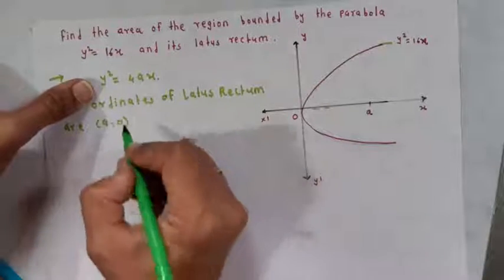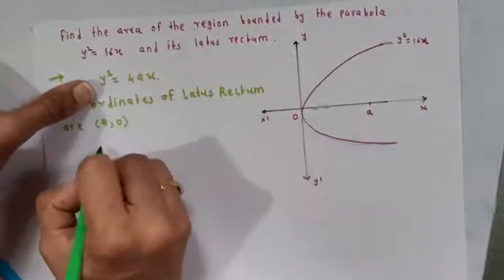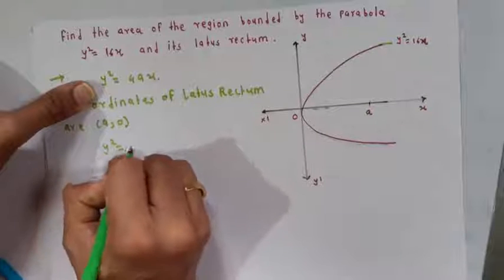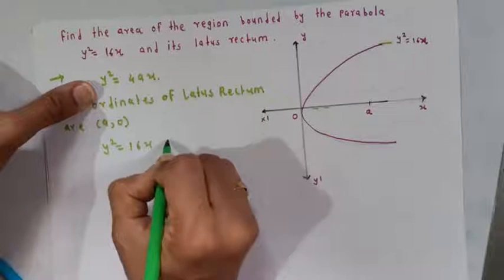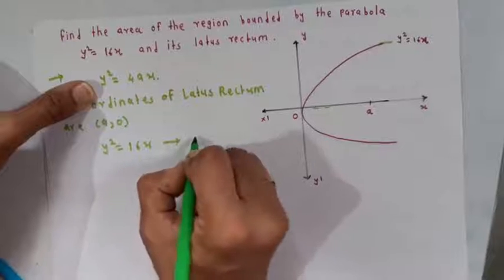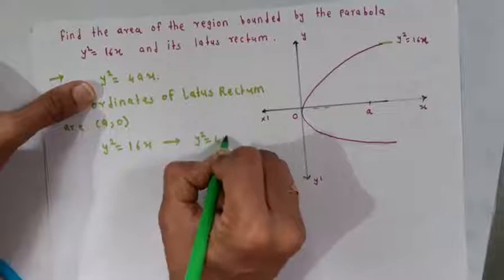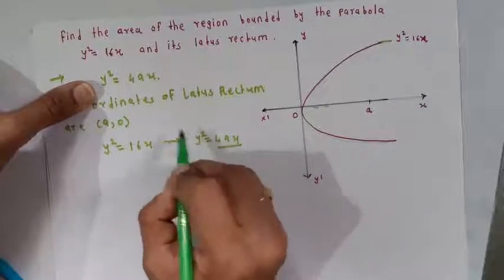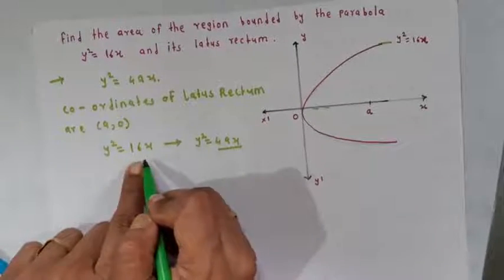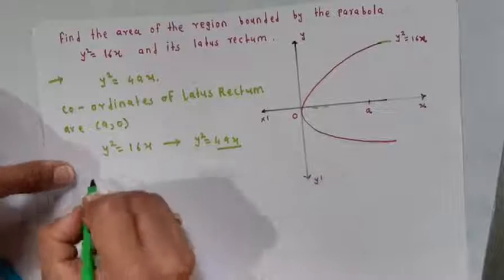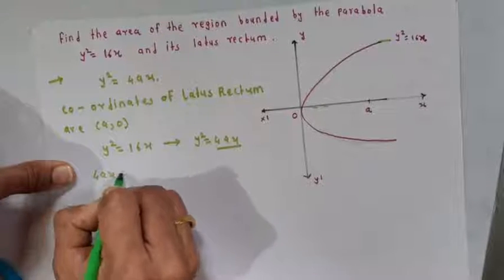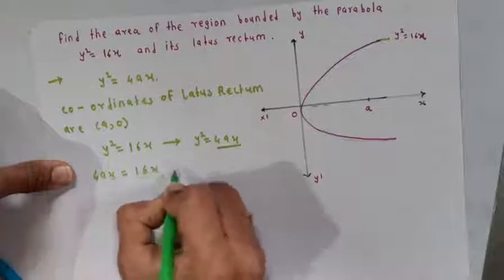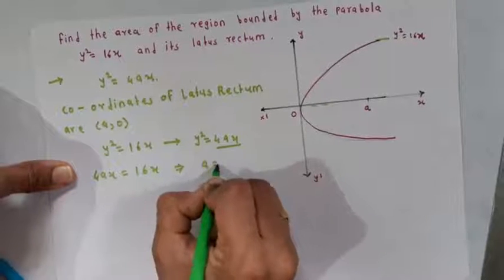So in this case, the parabola is y square equal to 16x. Compare this with y square equal to 4ax, the standard equation of the parabola. Comparing both, we have 4a equal to 16. This implies a equal to 4.